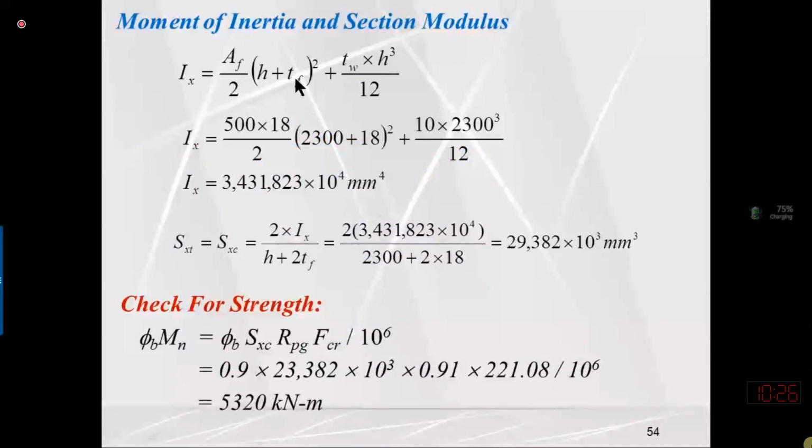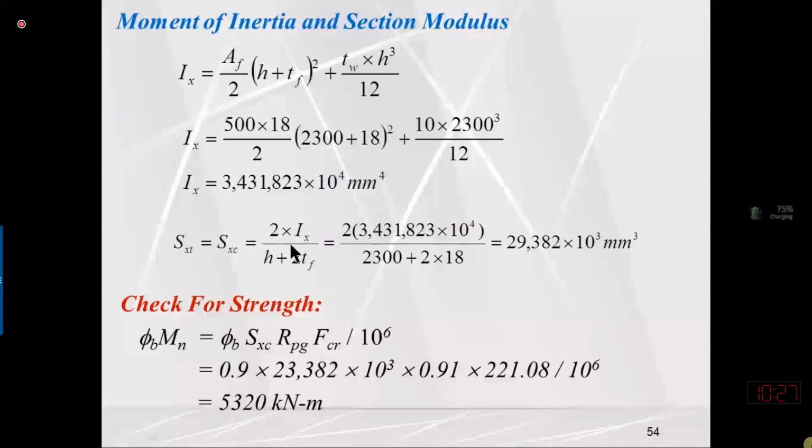You can also determine the moment of inertia by parts. You can consider the top flange and bottom flange as area 1 and area 2, and the web as area 3. So the moment of inertia of the cross section is determined by this expression that I already discussed, divided by the y value.